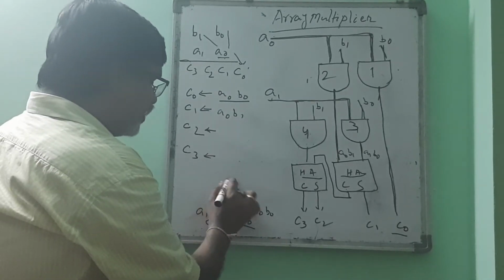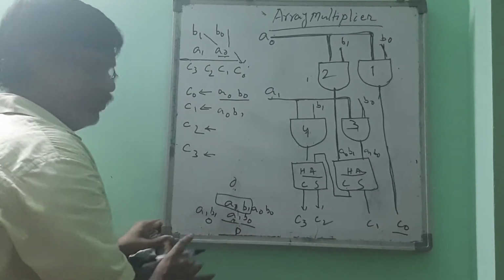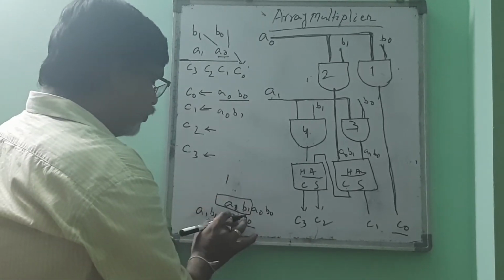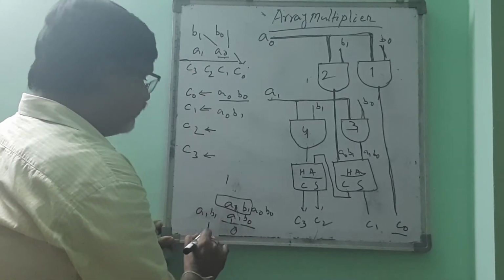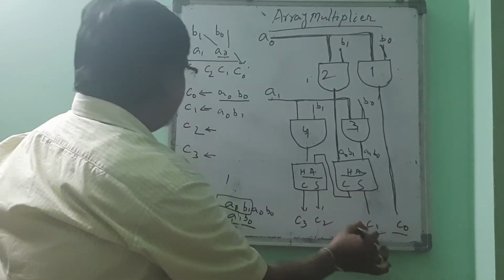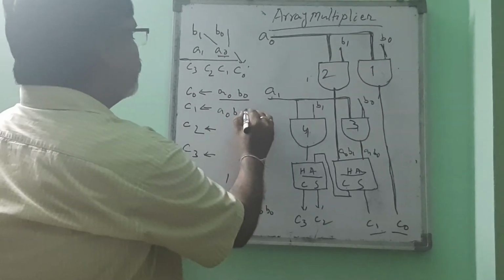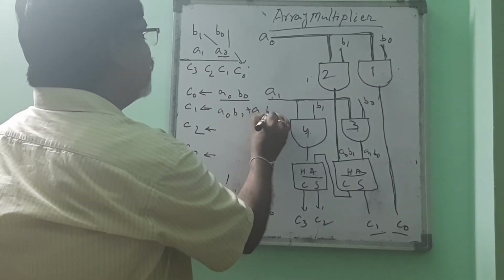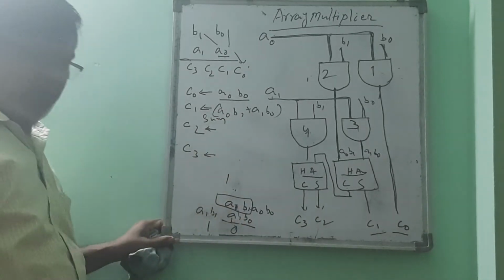If both are zeros, sum is 0, carry is 0. And if both are 1s, then sum will be 0, carry will be 1. So whatever it is, a carry will be generated and sum is C1. So C1 is A0 B1 plus A1 B0, sum part only, not carry part.